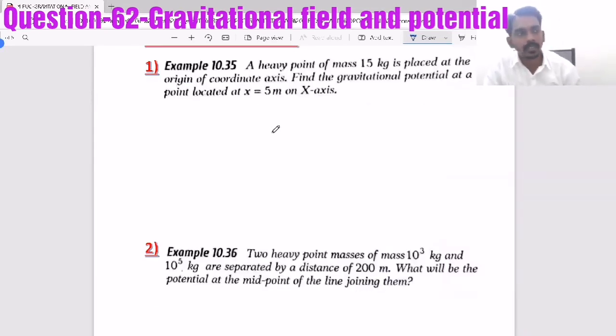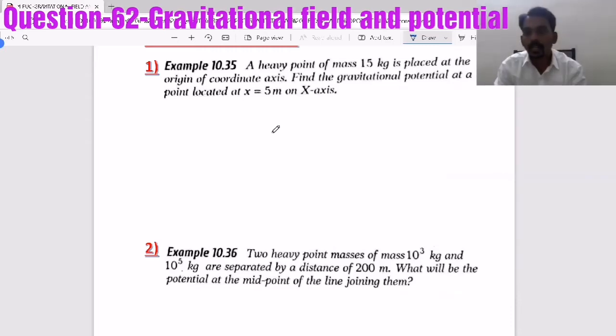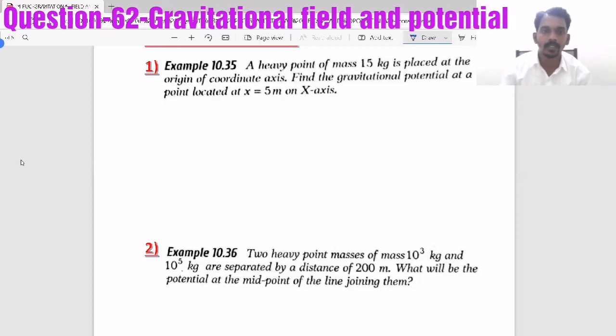Like, what is the gravitational field and potential due to a point mass? What is the relation between field and potential? How to find gravitational field from gravitational potential? And what is the field and potential due to continuous mass distribution?